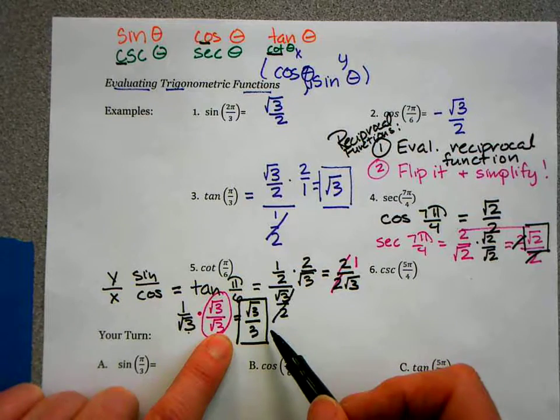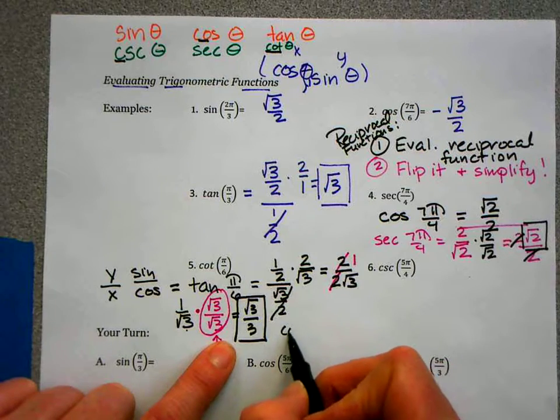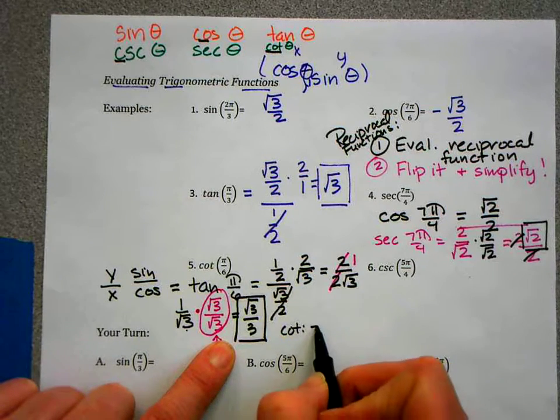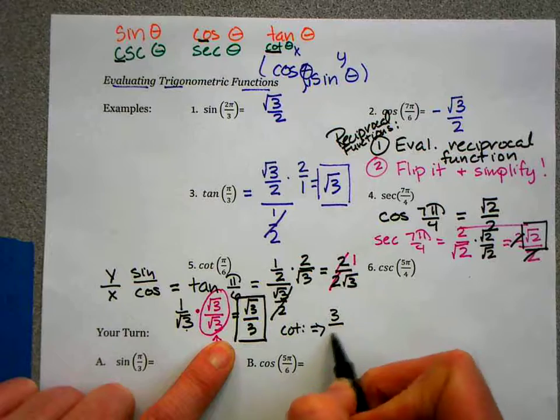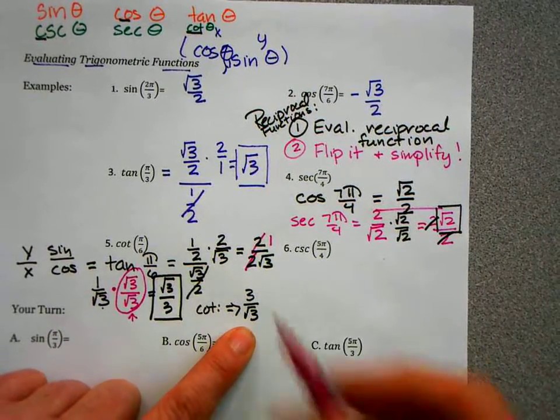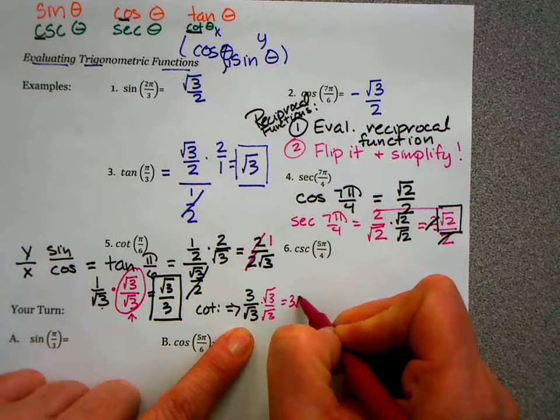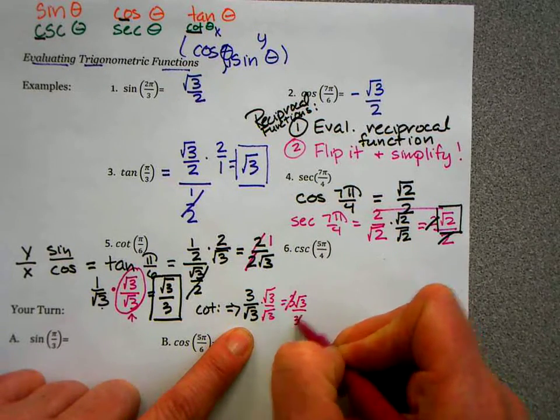The cotangent is going to be the flip of this. So for the cotangent, I've got to flip it. So that's going to be 3 over radical 3, which we have to rationalize again, multiply by radical 3 over radical 3, get 3 radical 3 over 3, and I would get radical 3 for the answer.